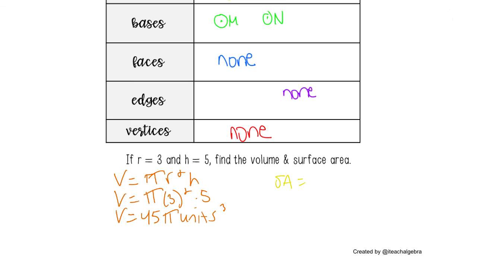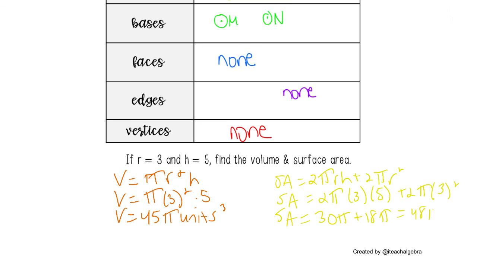Surface area, we said above, is 2 pi r h plus 2 pi r squared. That means it's 2 pi times 3 times 5 plus 2 pi times 3 squared. So the surface area is 30 pi plus 18 pi or 48 pi. Oh, and it's in units squared.